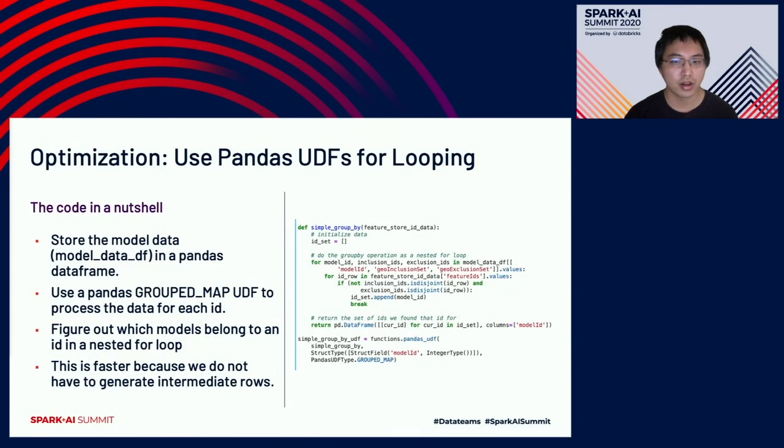If you look at what the code does, the code in a nutshell will store the model data in a Pandas data frame. I'm going to use a grouped map UDF to process the data for each ID. And I'm going to figure out which models each thing belongs to in a nested for loop. And this is faster because we can generate a few less intermediate rows. So I'm writing a Pandas data frame to take in all of the data from a single ID.